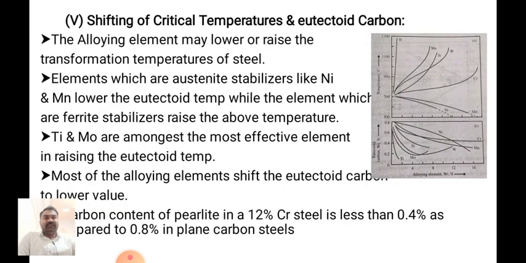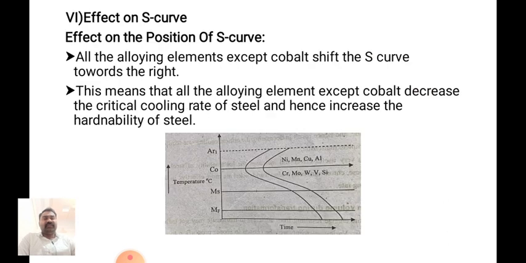Then next we studied the shifting of critical temperature and eutectoid carbon. In the iron carbon equilibrium diagram, we studied the different critical temperatures. Out of that, one of the critical temperatures is the eutectoid temperature, that is 727 degrees Celsius. That eutectoid temperature shifts by the addition of alloying elements in the steel.